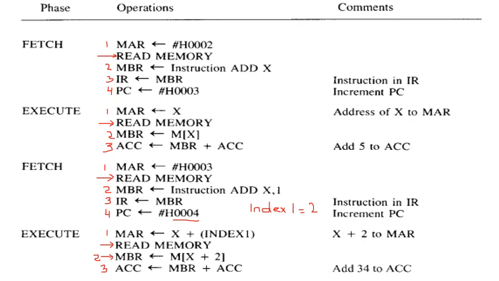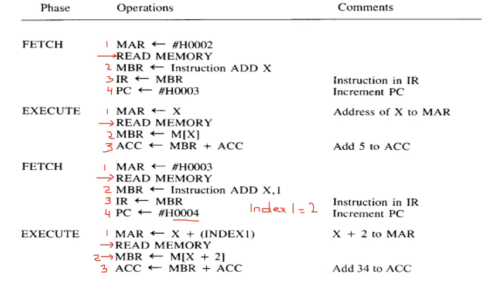Let's suppose the data of index register 1 is 2, or we can say that index register 1 has the value 2. So what will be done in this instruction execution process? In MAR, the address of x plus index register 1 will be moved.